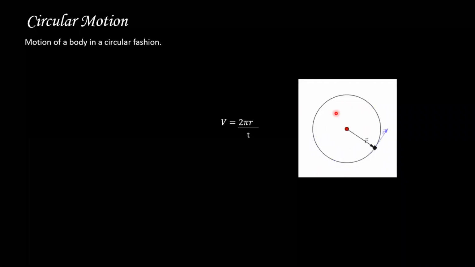Circular motion is nothing but if you have an object and it is spinning in a circular way, going round and round, then it is called circular motion. So this is a representation of circular motion over here. This is the radius r, and this blue arrow you see is the velocity.